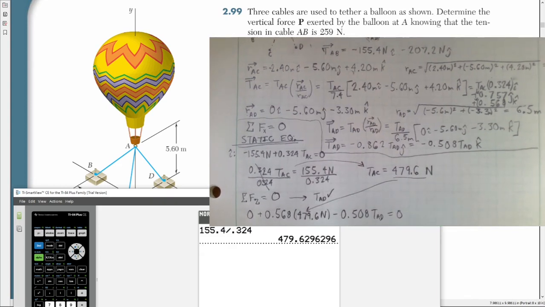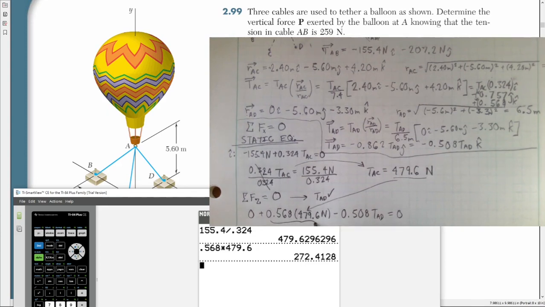All right, so if I were to multiply now 0.568 times 479.6, that gives me 272.4128. This is equivalent to 272.4. So if we move this over, make it positive, we'll have 272.4 newtons equals positive 0.508 tension AD.